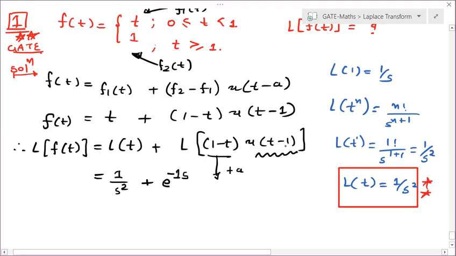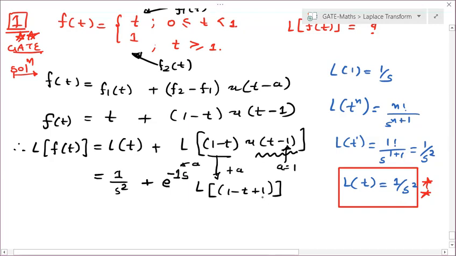What is a? A is 1. So I have to add plus 1 over here. So this is Laplace of 1 minus t plus 1. Are you getting my point? Is this clear to you or not? First, how we identified this a, and based on this a, how we have added this a over here.